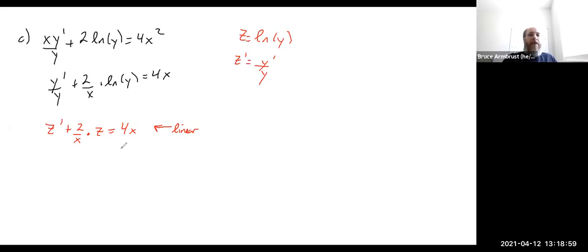All right, so let's think about the process. So recognize the form. First order, linear, non-homogeneous. So for the non-homogeneous, we have to start with the solution to the homogeneous. So let's think about solving this guy. So we're going to get a z1. It's going to equal e to the negative integral of 2 over x.